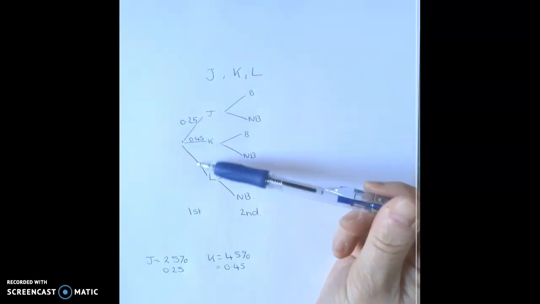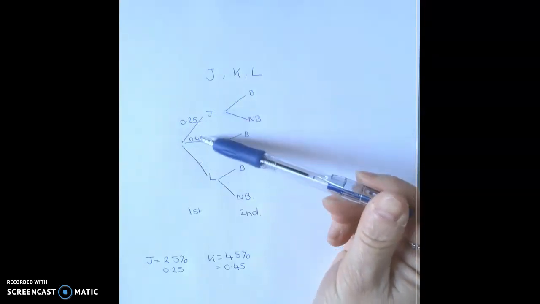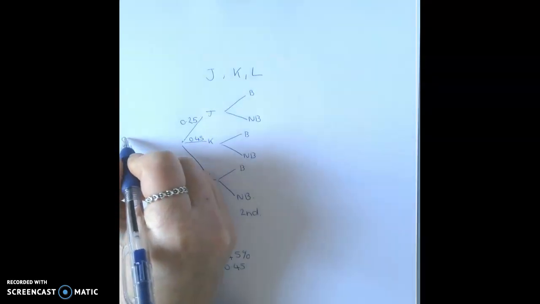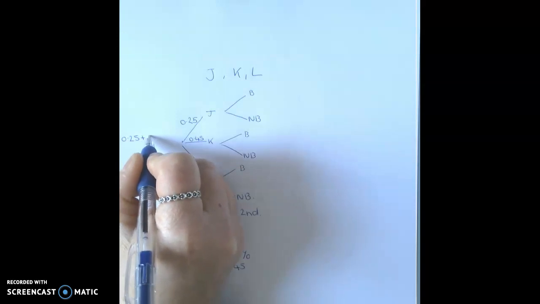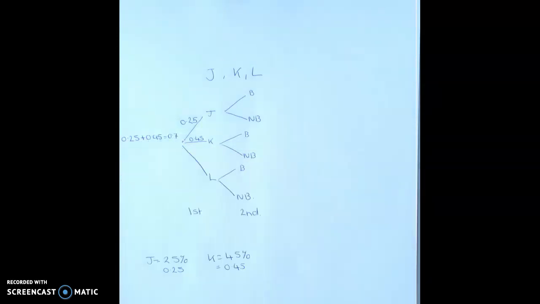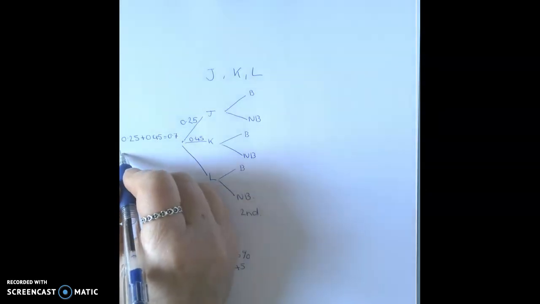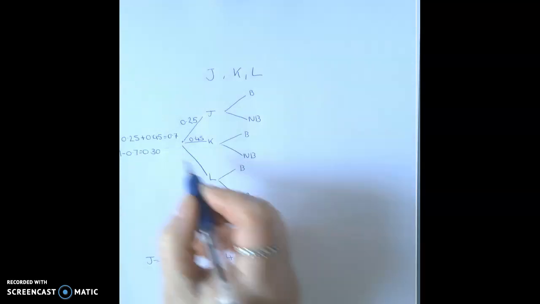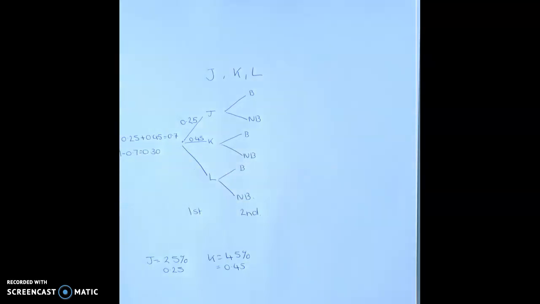So we know that our branches should add up to 1. If we add 0.25 to 0.45, then we get 0.7. And then if we take that away from 1, that will give us the remaining branch.